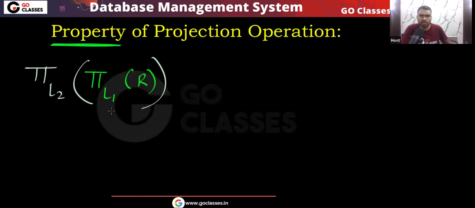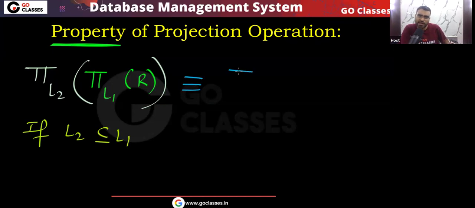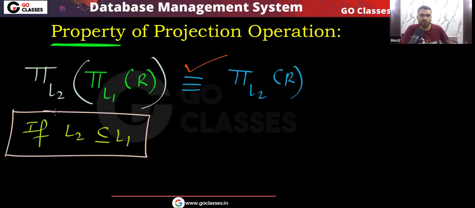Now you tell me, if L2 is a subset of L1, then can I say that I can directly project L2? Yes or no? If L2 is a subset of L1, then I can directly project L2. Is this clear? Is this understood? Please let me know. Simple, right?